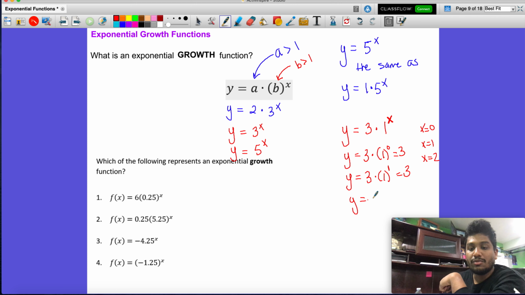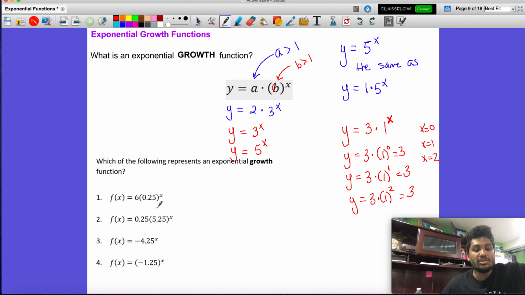Now y equals 3 times 1 to the second power. 1 to the second power is 1 times 1, which is 1, and then 1 times 3 gives you 3. So there's no growth occurring here. That's why this number right here has to be greater than 1. And we've been working with all exponential functions that have been greater than 1, like in this one right here.